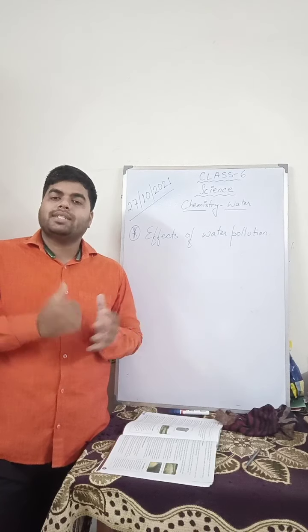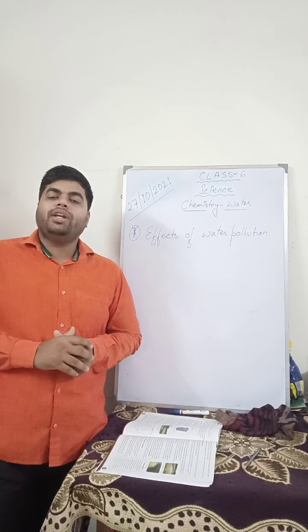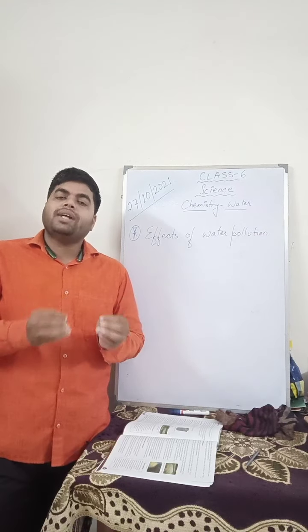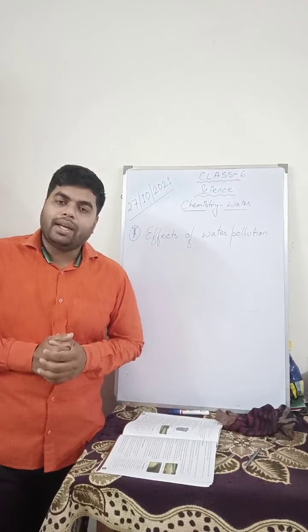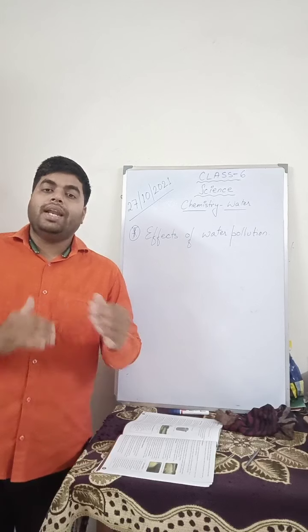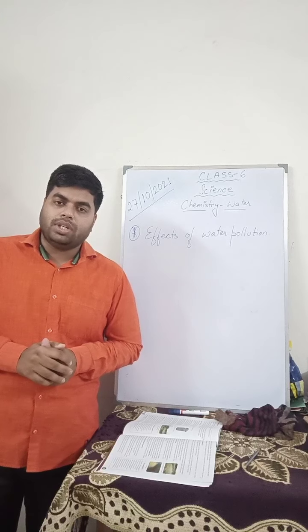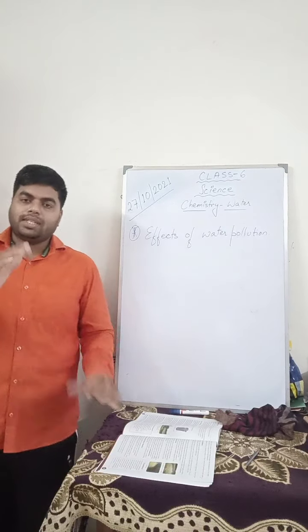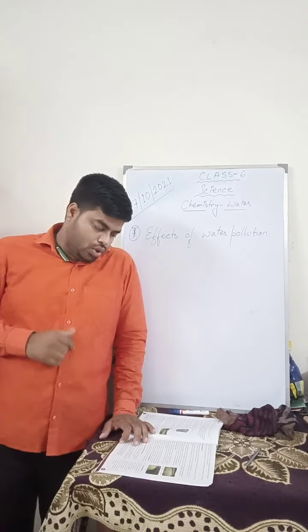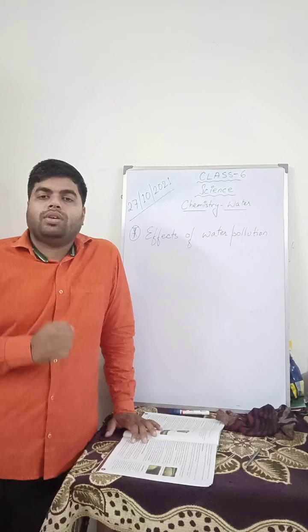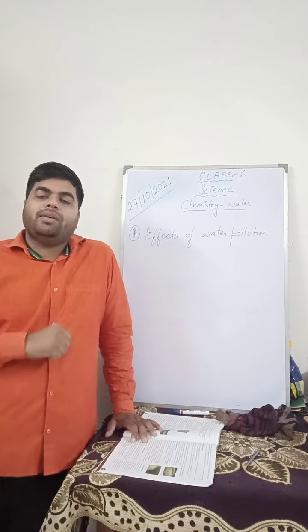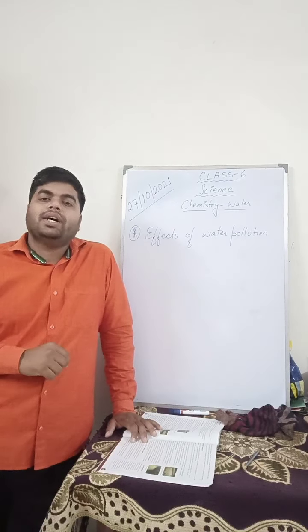And when the oxygen level is very low, the aquatic plants and animals have a very big problem and they die because of scarcity of oxygen. This sudden change of temperature leads to the killing of different types of animals and plants. This is known as thermal shock.